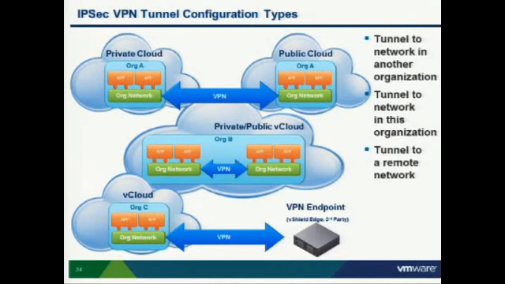I can also do, okay, well, I'm a vCloud provider. I want to go to some sort of VPN endpoint, maybe inside of an enterprise. Maybe I took my front end, for example, put it up into a public cloud provider, but my front end still needs to come back and talk to some mainframe-based system or something that I still have in my enterprise.